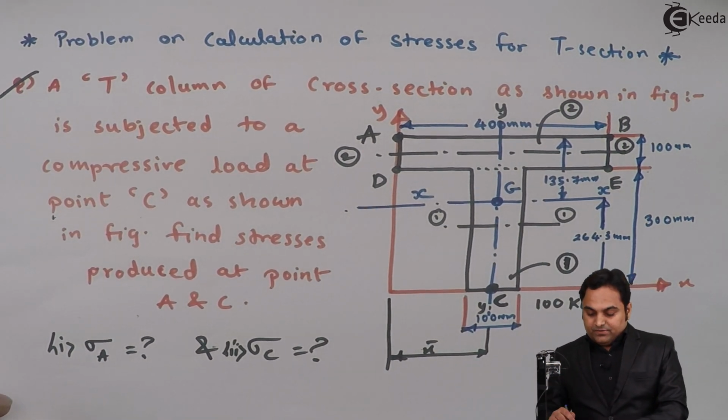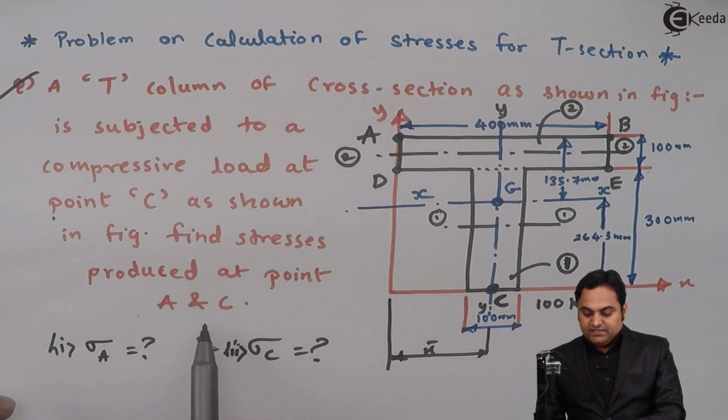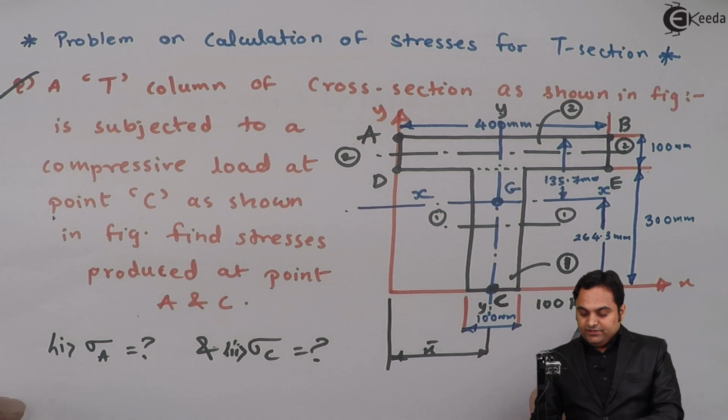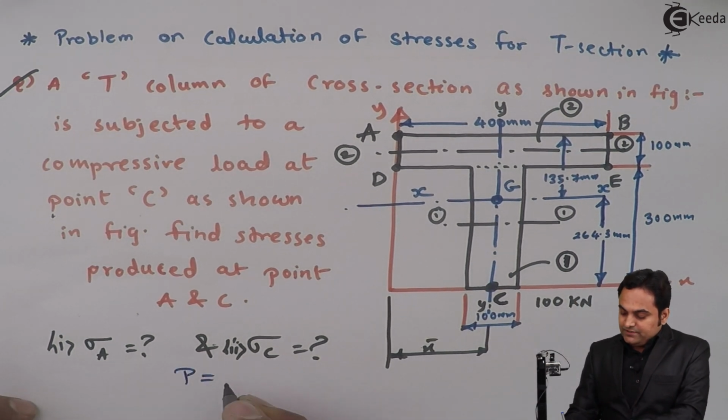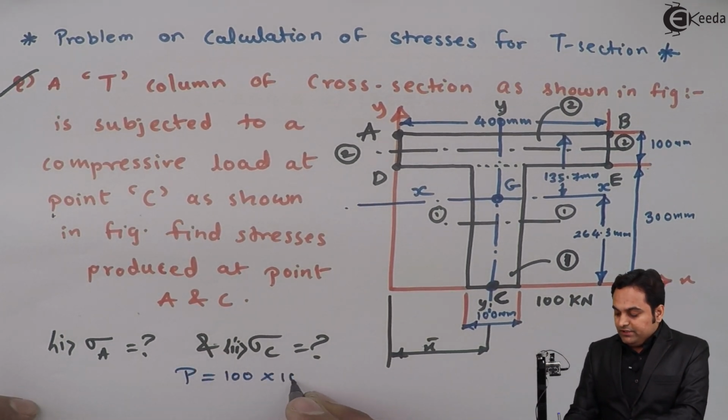The next thing, as we have to find the stresses at points A and C. At C the load is 100 kilonewton, so load P is 100 into 10 raised to 3 Newton.